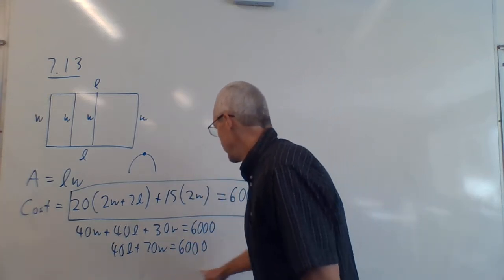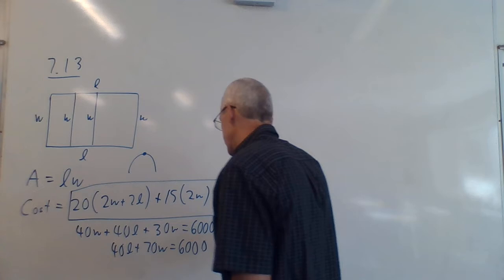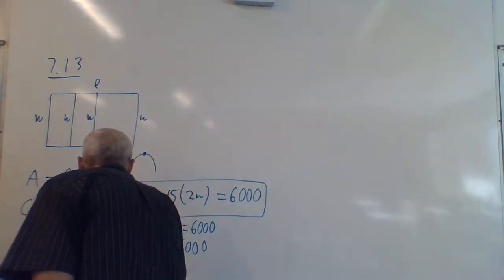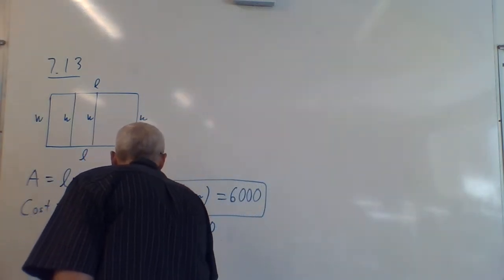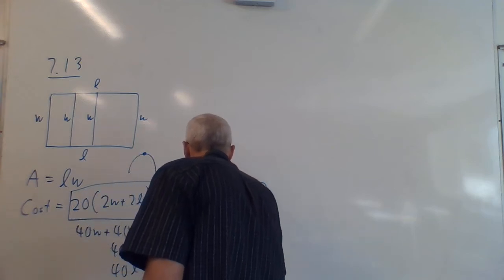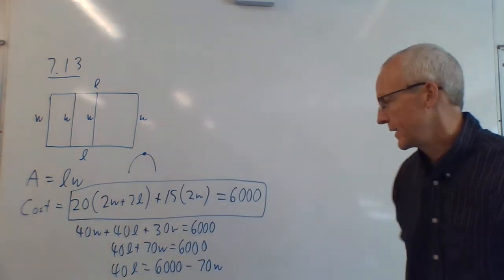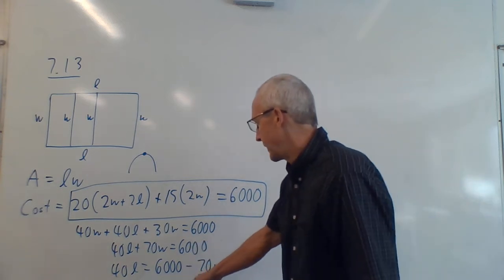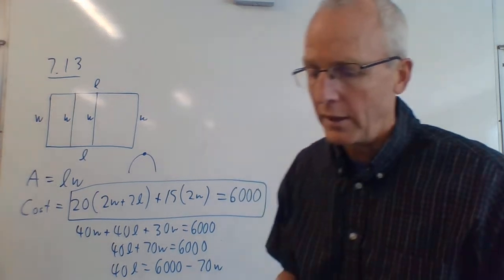So put the W on the other side. So I have 40L is equal to 6,000 minus 70W. Or finally, and I'm running out of room, so I'll write up here, divide both sides by 40. 6,000 divided by 40, I think, is a pretty number.